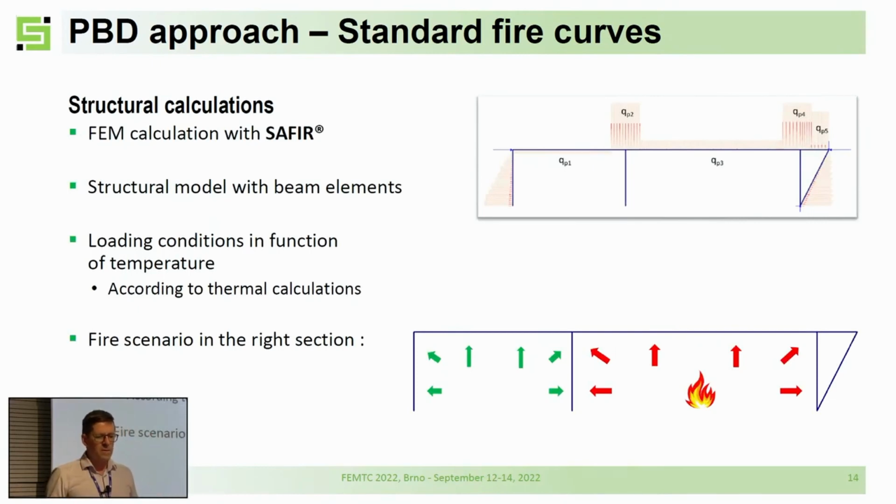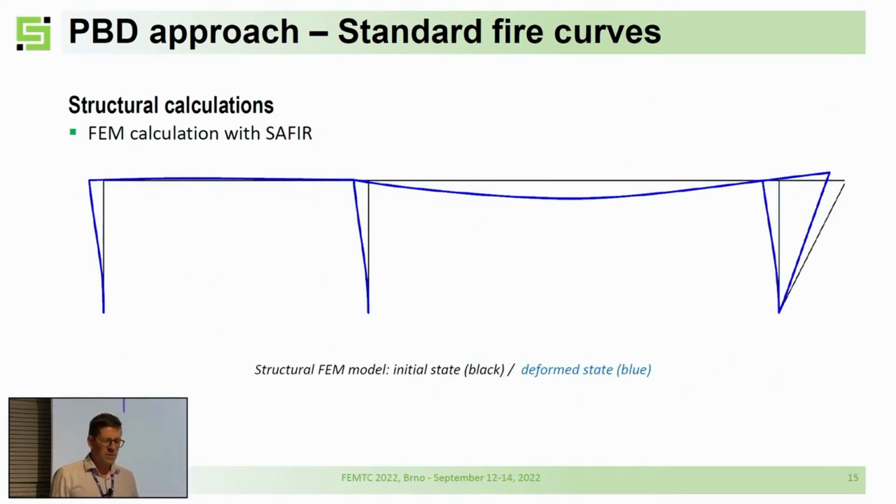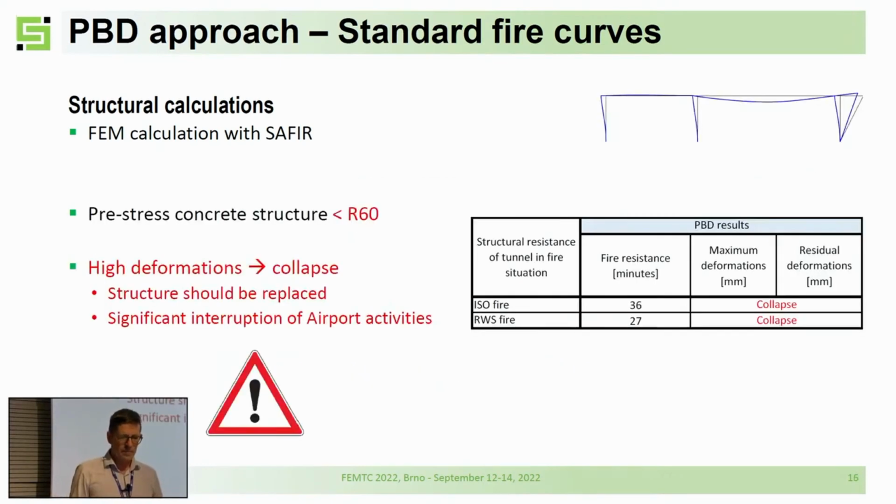We put this evolution of the forces in the structural model, and then we will consider the other sections being heated. But that's one of the results of the calculation, that the tunnel is deforming quite a lot. So we cannot reach 60 minutes resistance with the first calculation, which is isofire, and RWDS fire too. So in both cases, the tunnel will collapse.